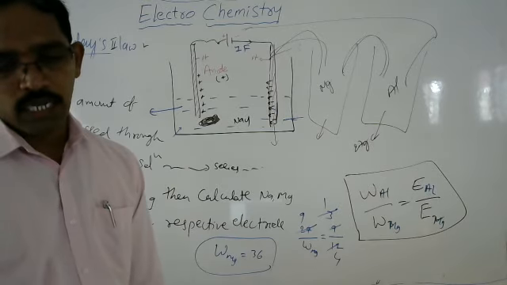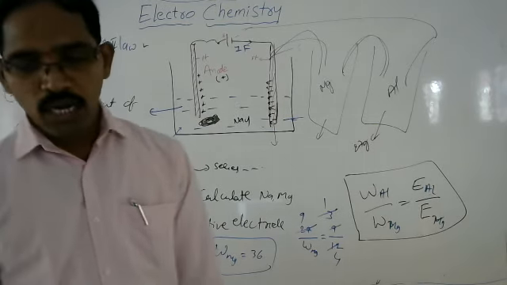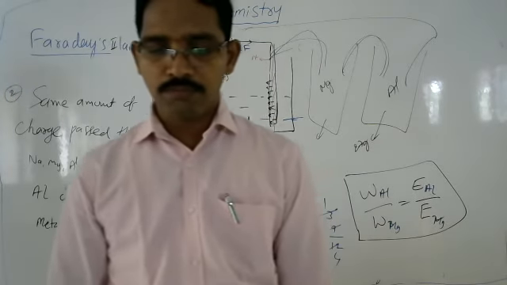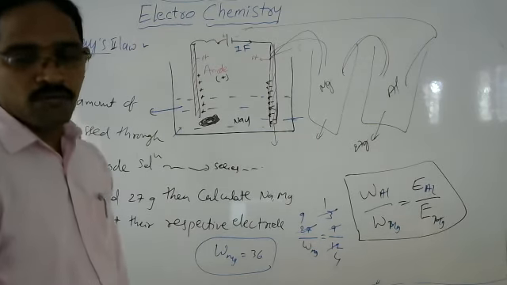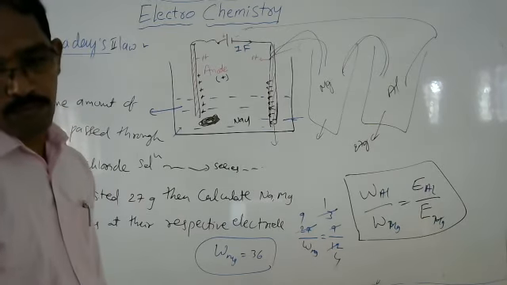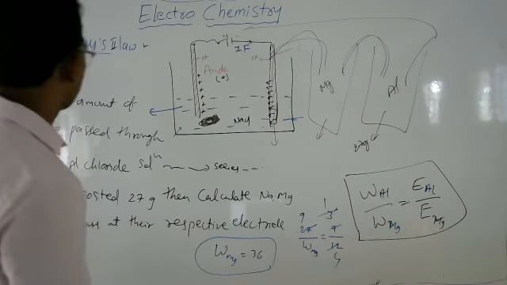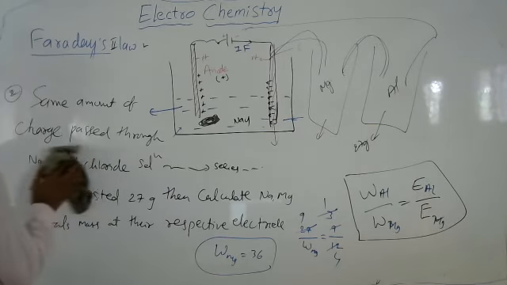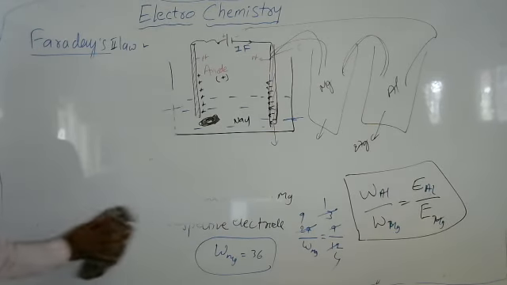How did you calculate equivalent mass? Others, do you have any idea about normality? Equivalent mass equal to molecular mass upon valency. Sodium's valency is 1, that's why upon 1.